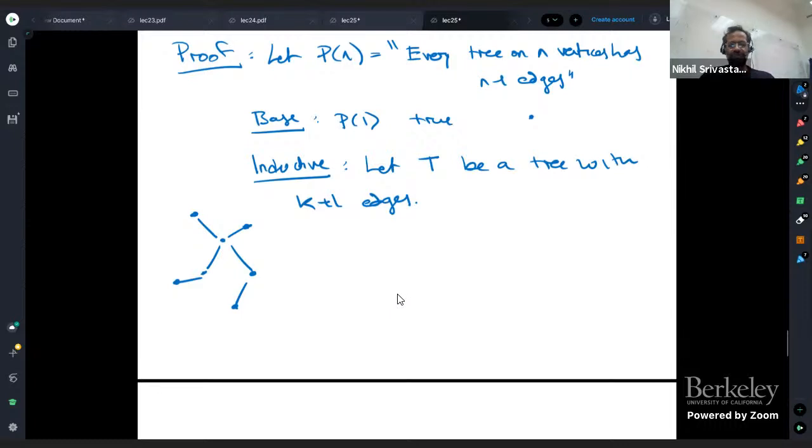Now, how am I going to do induction? To do induction, I need to find a smaller tree. So given a tree, what's a good way to find a smaller tree that's contained in that tree? Let V be a leaf and consider T minus V. Exactly. So the beauty of leaves is that when you delete a leaf, you get another tree.